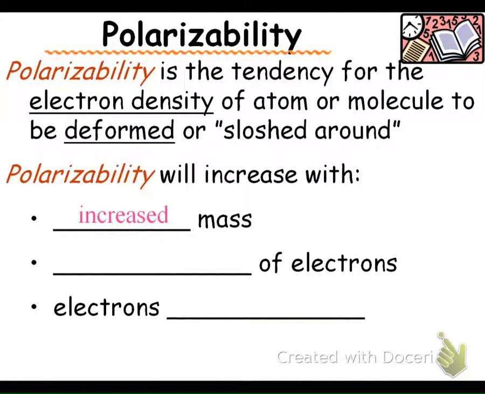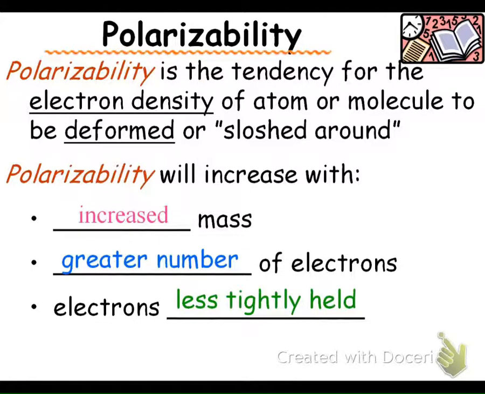So, let's talk about this idea of polarizability. Polarizability is the tendency for the electron density of an atom or molecule to be deformed or sloshed around. Polarizability will increase with an increased mass, a greater number of electrons, and where electrons are less tightly held. Think about if you've got some electrons moving around an atom.